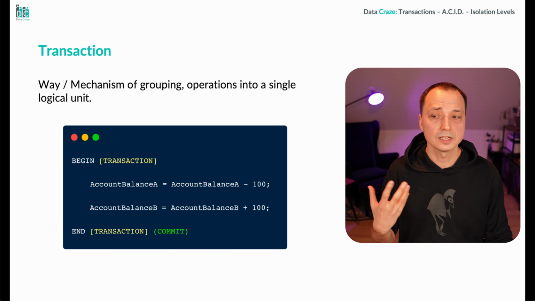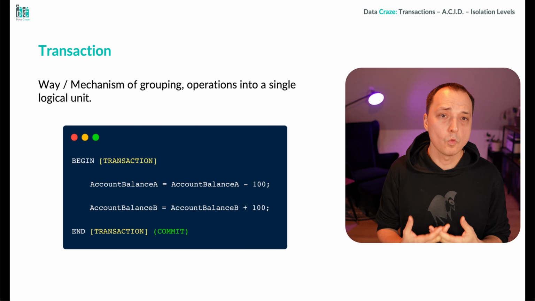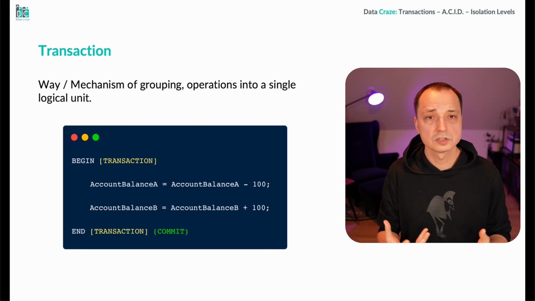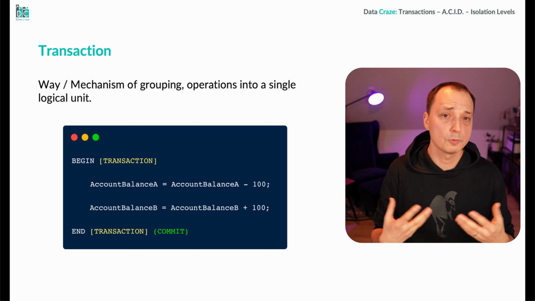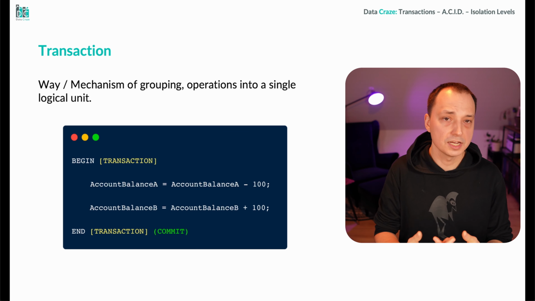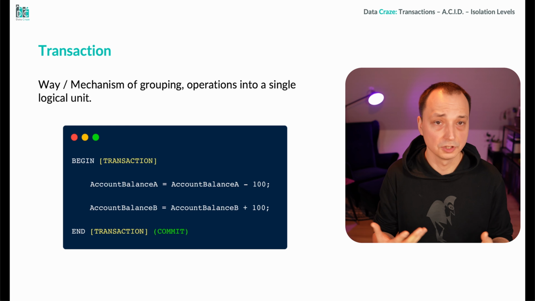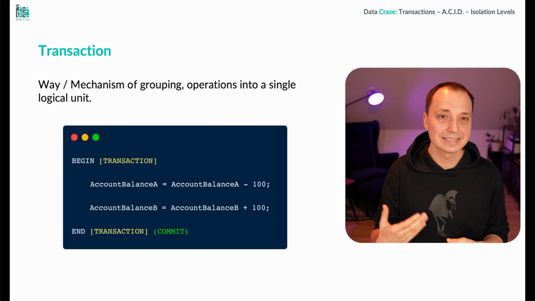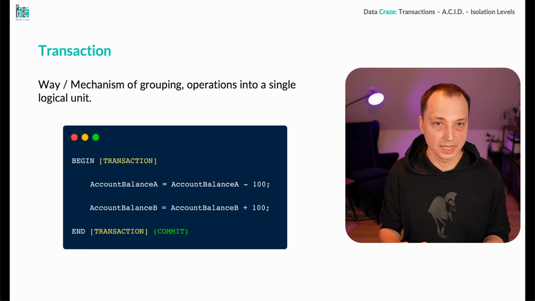So transaction, right? It's basically a way or a mechanism, you may call it, of grouping operations into a single logical unit. By operations, I mean here read, write, delete operations, changing state operations of your tables inside of the database. Normally, a transaction begins with a begin statement and ends with an end statement.